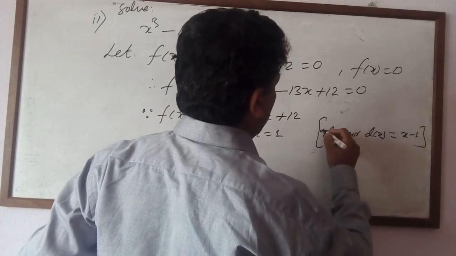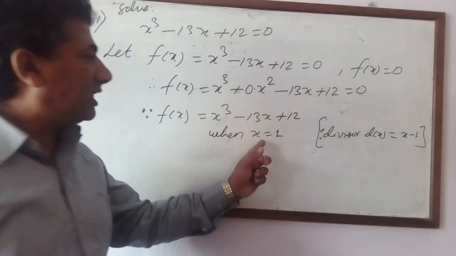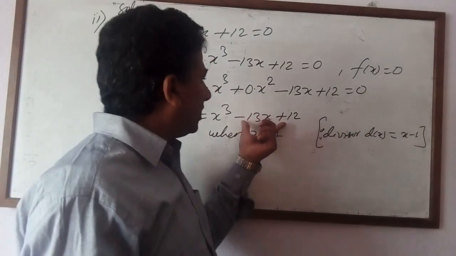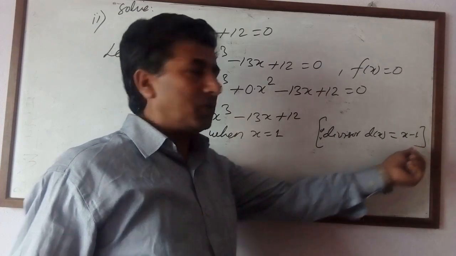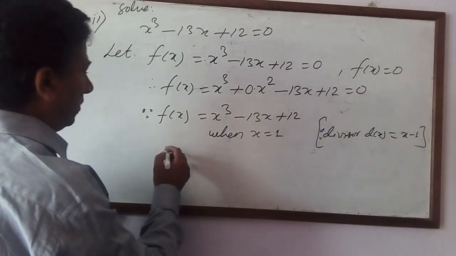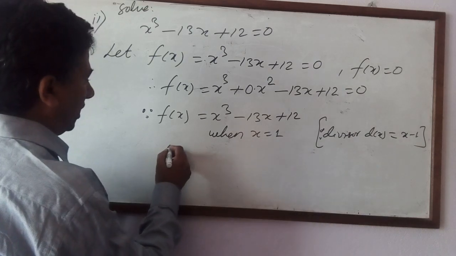You have to understand this: x equals 1 means the divisor is x minus 1. We are dividing this polynomial by x minus 1. Now whether the remainder will be 0 or not. Thus when x equals 1, check it.